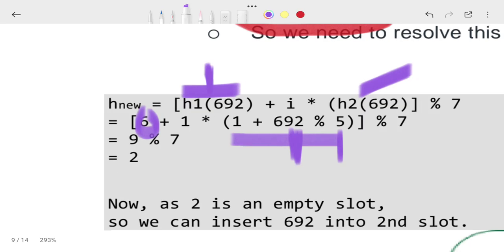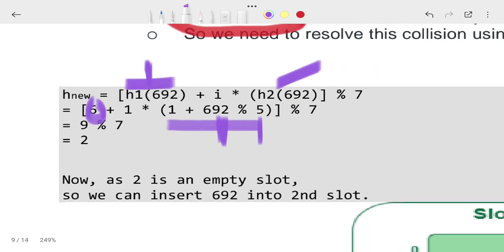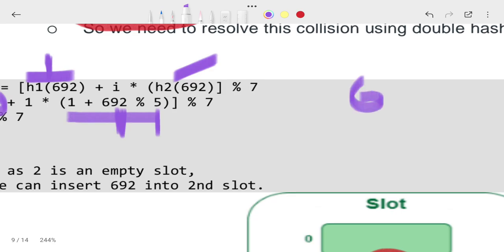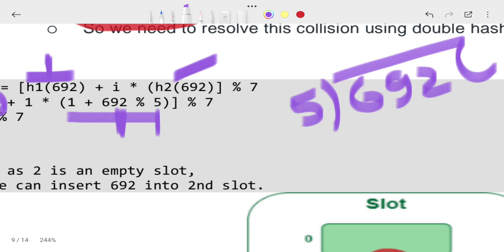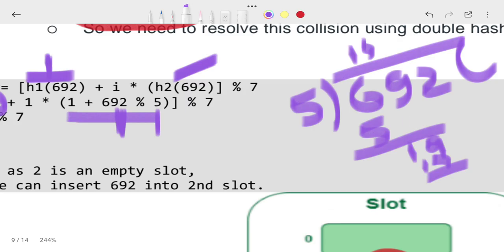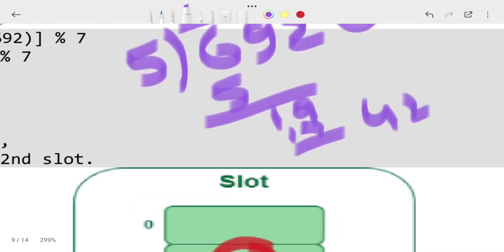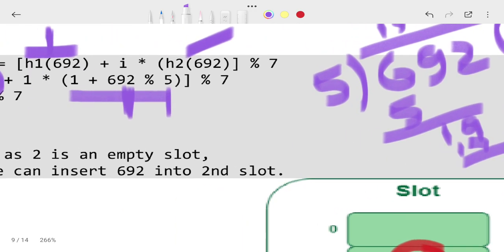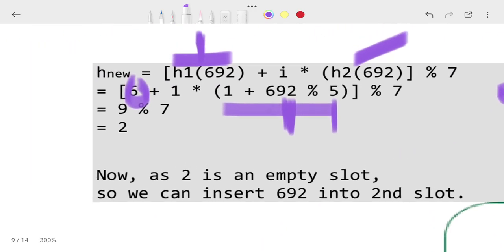The remainder is 2. 2 plus 1 is equal to 3, and 6 plus 3 is equal to 9.